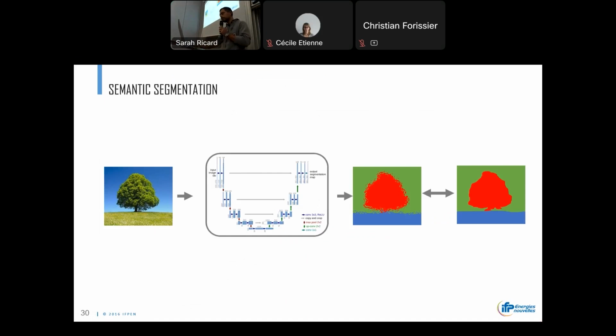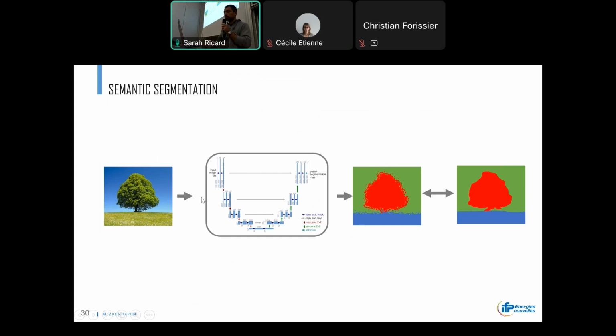Okay. So I'll go to another very useful application of the CNN, which is semantic segmentation. Or just segmentation, if you prefer, if you don't want to go too much into detail. The idea here is to transform an image into another image, but the image you obtain is simpler than the first one.